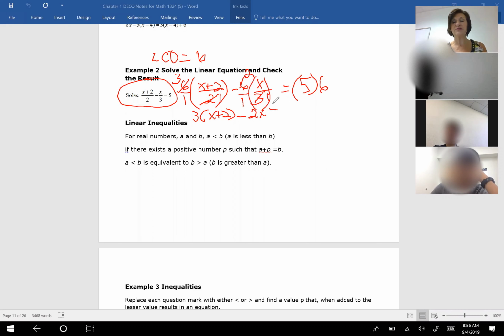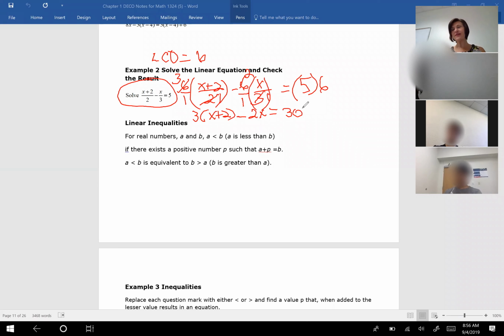I'm up to the equals. Now, what goes on the right side? 30. 5 times 6 is 30. Voila. We now have no more fractions. And this is perfectly legal to do as long as you've got that equal sign there, correct?